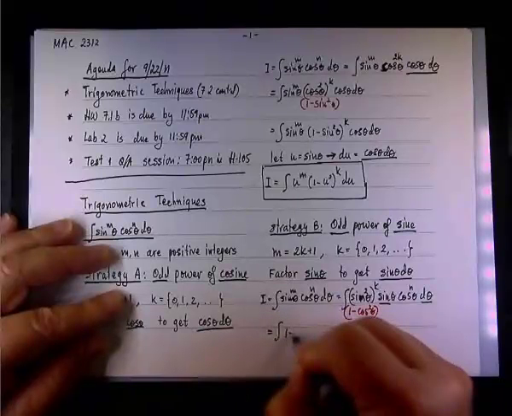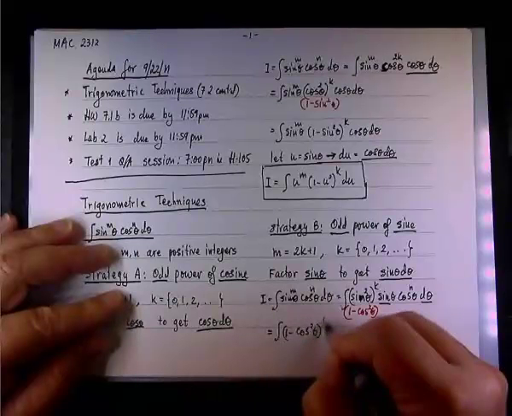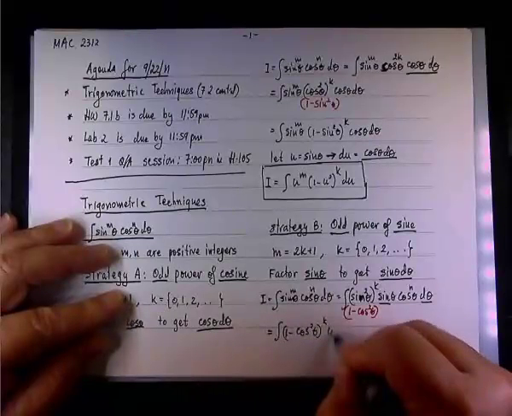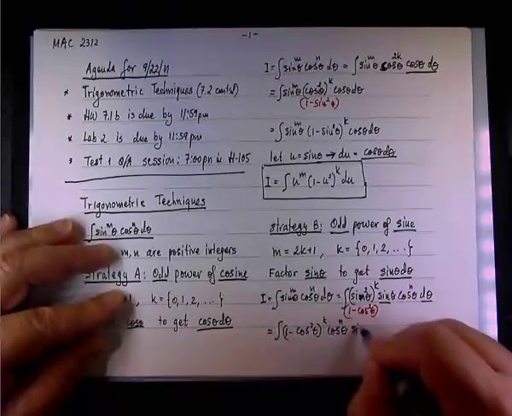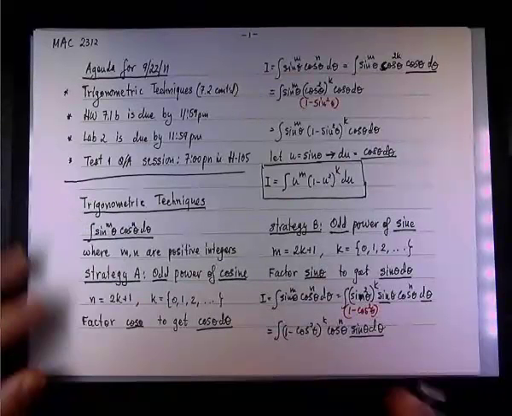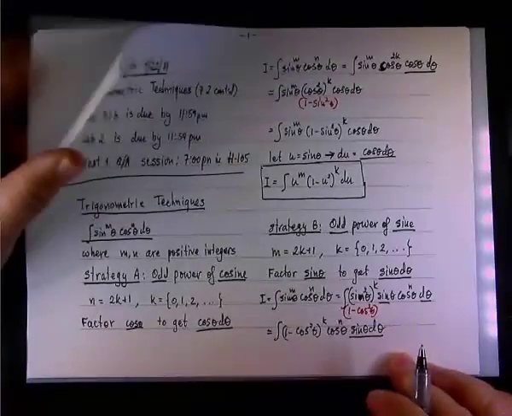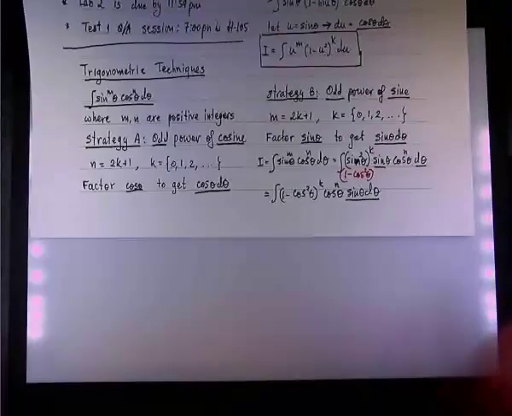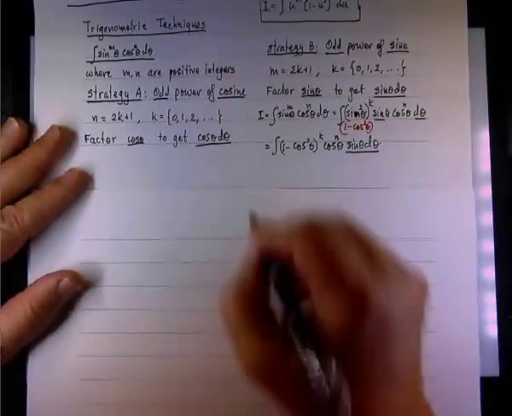After a little rearrangement, it will be 1 minus cosine squared raised to the k power, and then stick the cosine to the nth power, and then we have sine theta d theta. Now, the substitution will be such that we're going to have u equal cosine theta, and therefore du equals negative sine theta d theta.